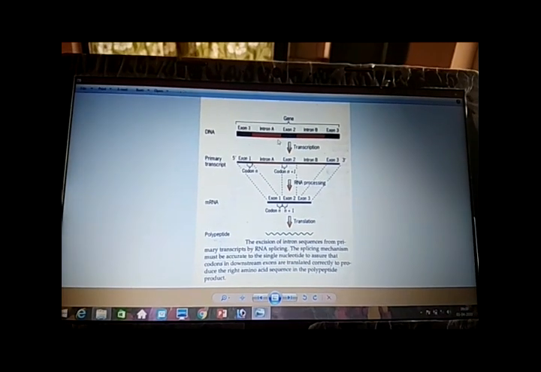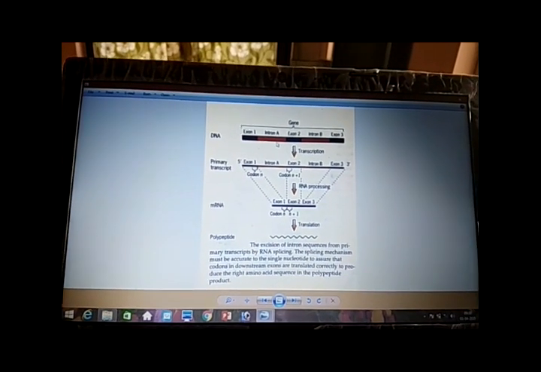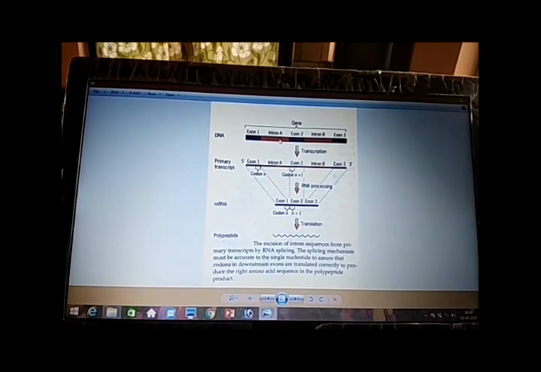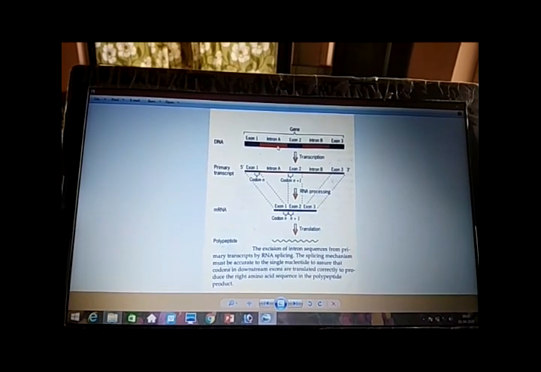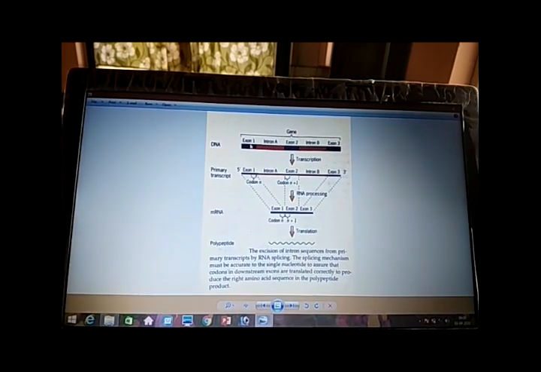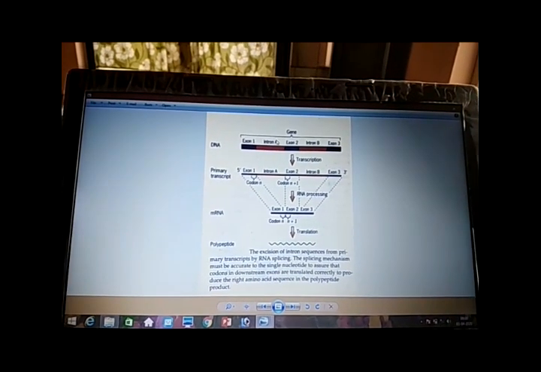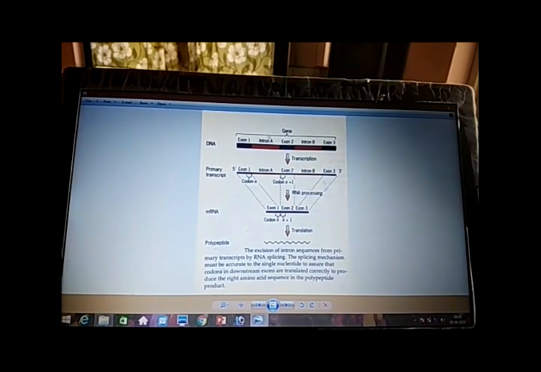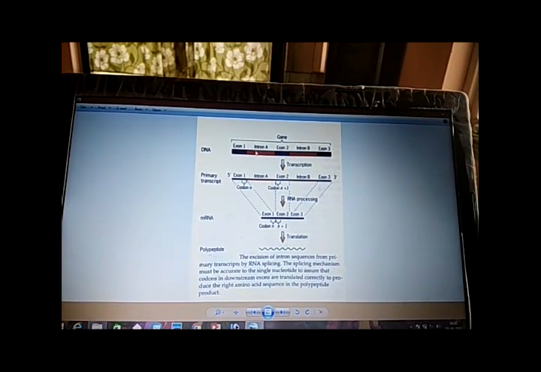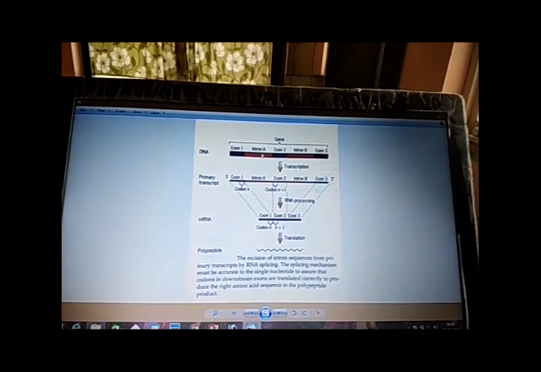The exons are also known as essential or informative sequences. This is the exon, and introns are known also as non-essential, non-informative sequences.